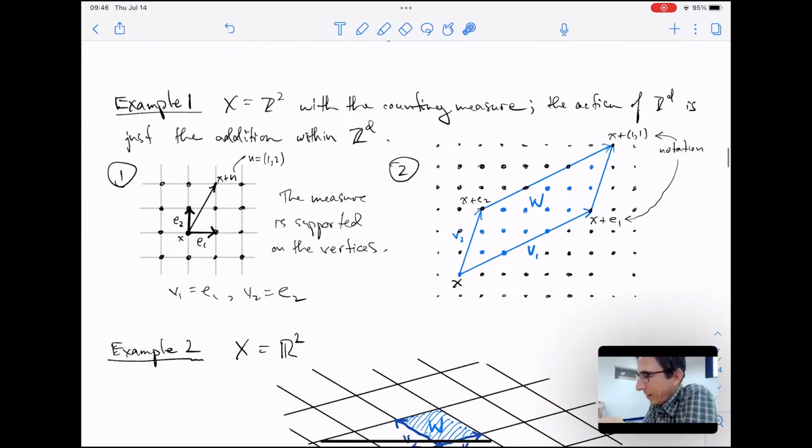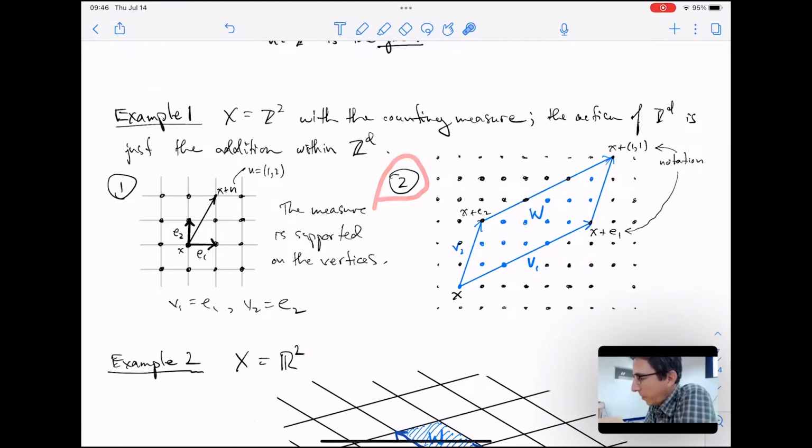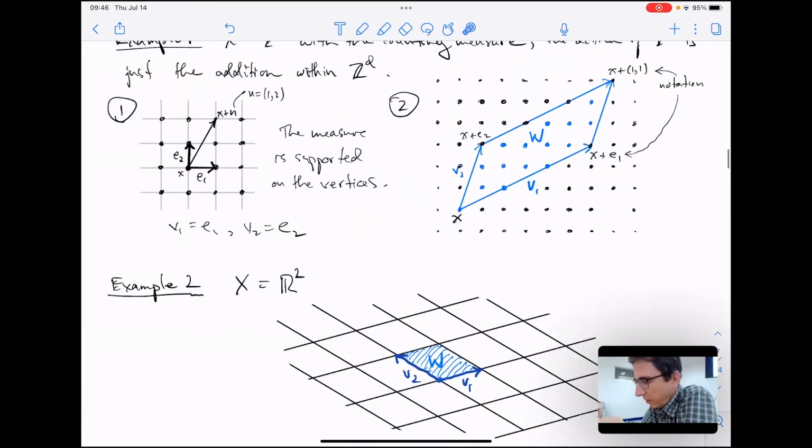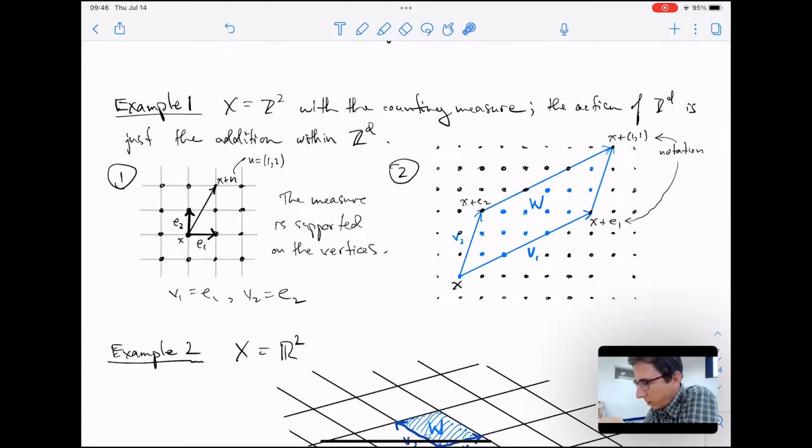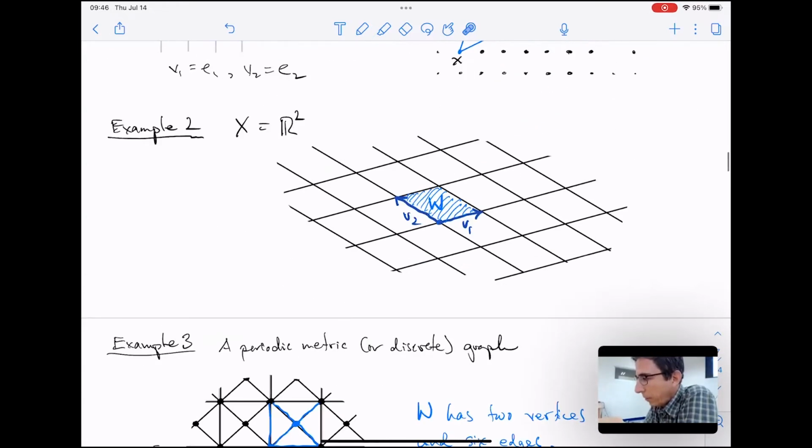Let's do example 2 here. This is example 1, part 2. Let's do example 2, where the underlying space is actually R^2, and adding just the elementary vector in one direction just means shifting by v1. So this would be x, this would be x plus the vector (1, 0), because I just shifted in the v1 direction.